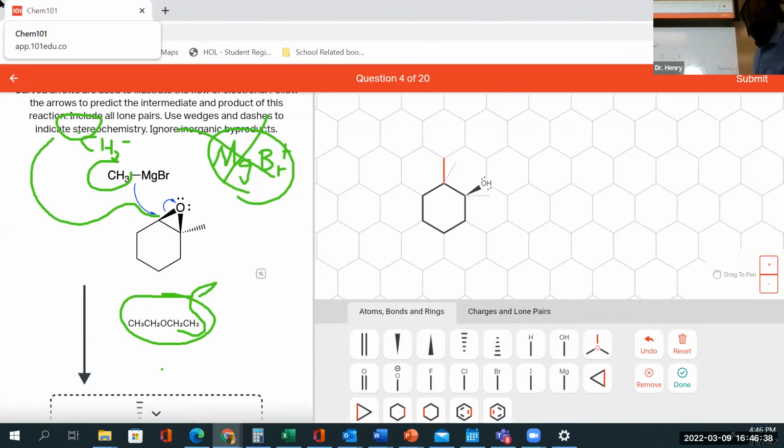Can you see that, Abby? Yeah. Okay, so this is what's happening generically. If you make a card of that, all you're doing is disrupting the epoxy. You're breaking the epoxy ring and forming the OH.